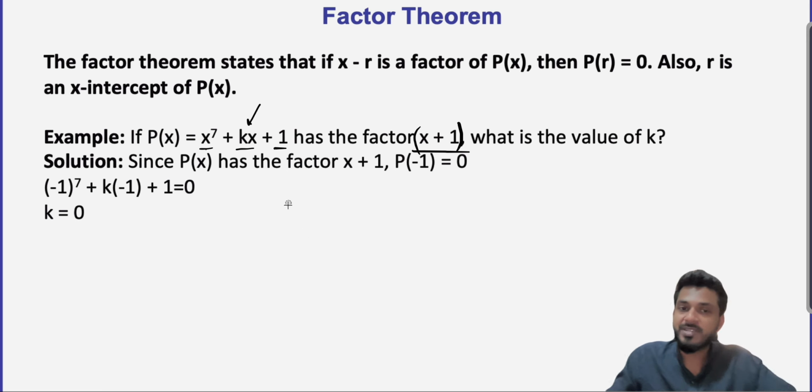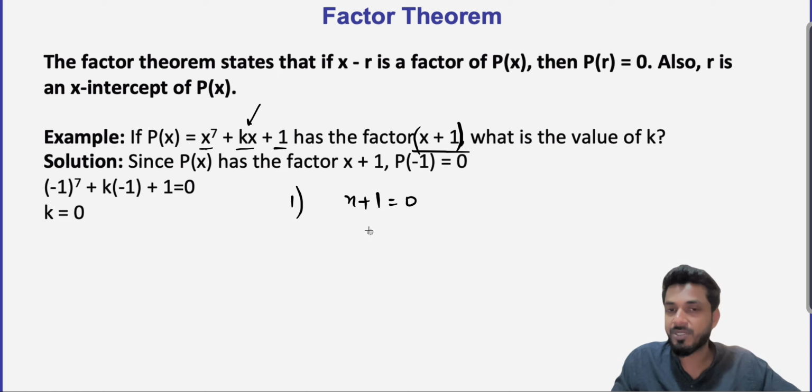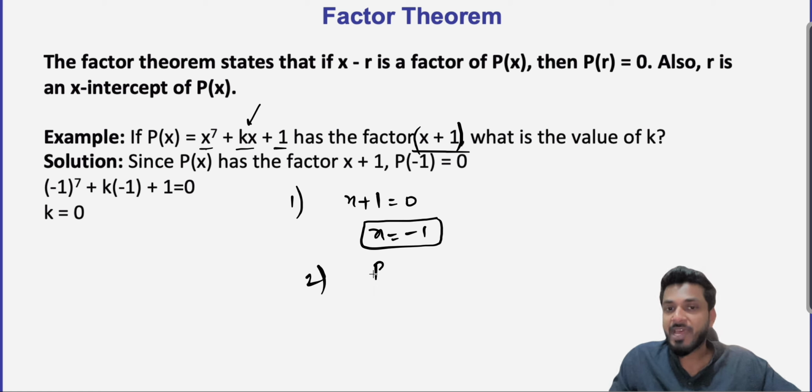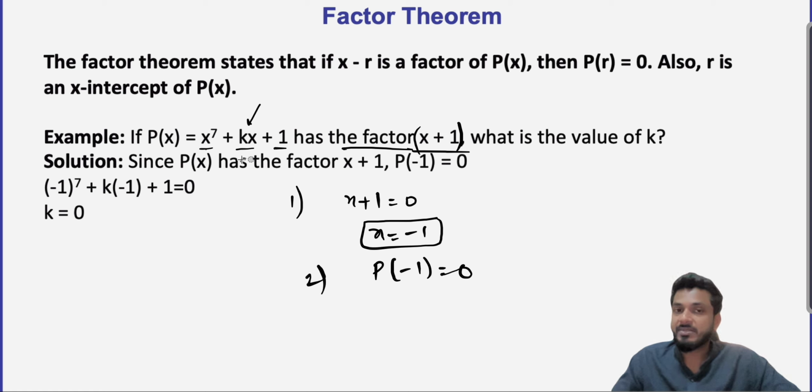So what will you understand from this? As per step 1, you have to take the divisor and equate it to 0. So that means x is minus 1. Now we know that the value of p of minus 1 will be 0, because in the question itself they have mentioned that x plus 1 is a factor.